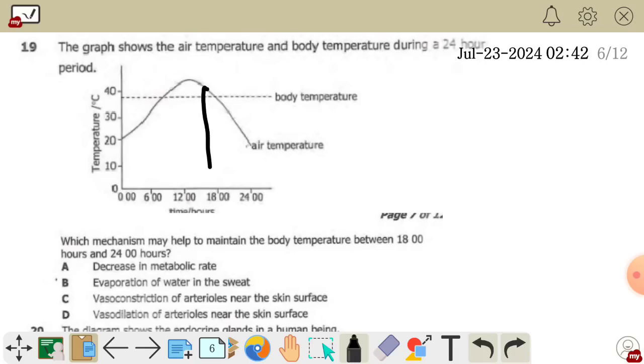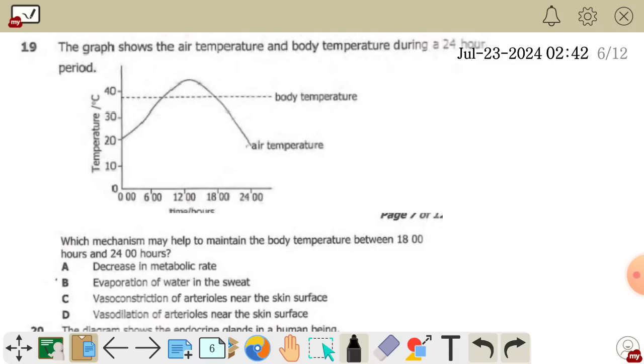So we have 18 hours to 24 hours, and during that period we can see the body temperature is maintained, but the air temperature was high, then immediately it started dropping down.